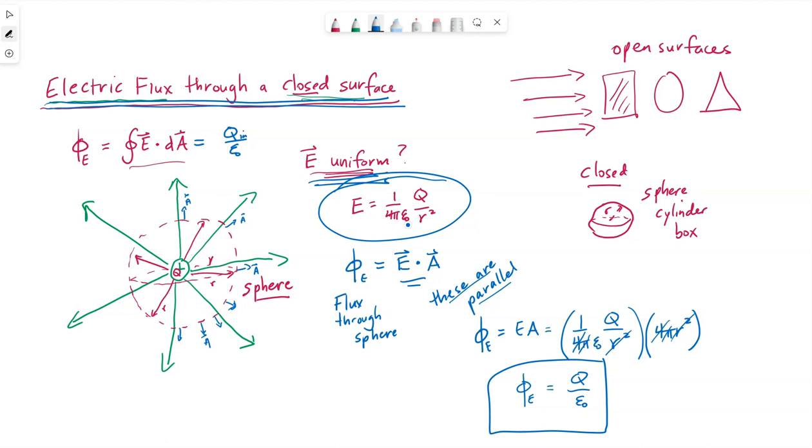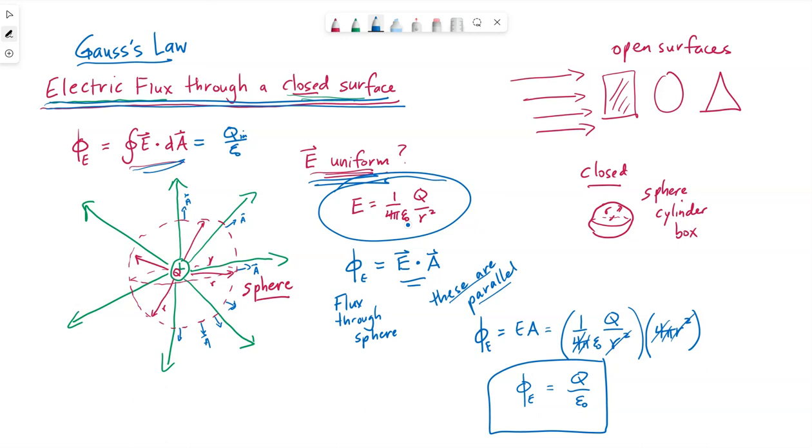Now, it does not mean that this integral will simplify nicely every time, but the flux itself will always be equal to the charge located within that surface divided by the constant epsilon naught. This is called Gauss's law. Gauss's law is calculating the electric flux through a closed surface.